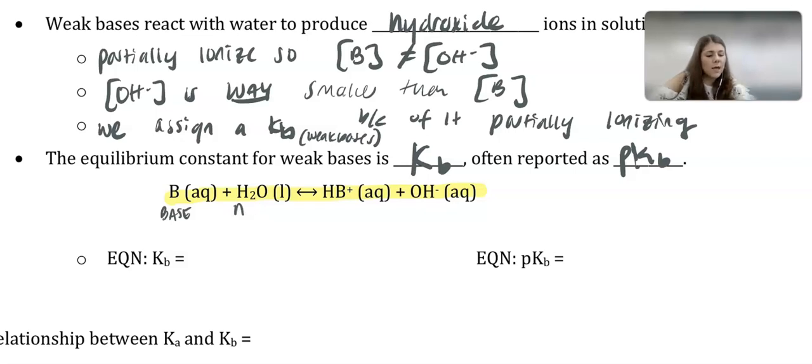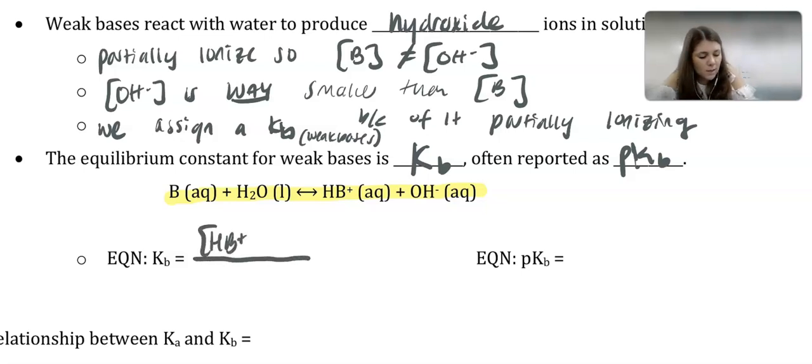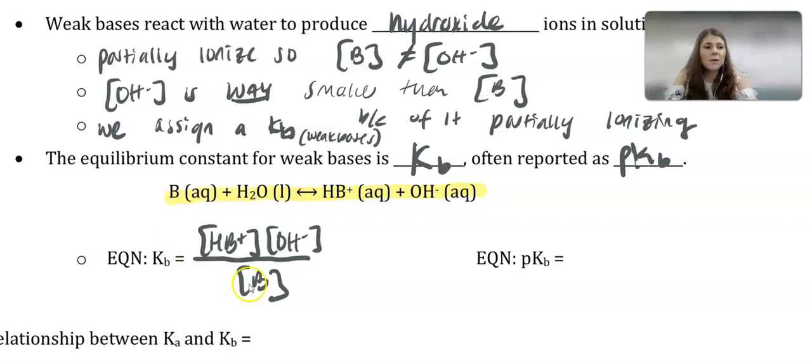So everything will be written with water as a reactant, strong acid, weak base, except strong bases. They will not include the water. Our Kb expression, looking at that reaction above, is HB positive multiplied by hydroxide all over base, and to solve for a pKb, it is negative log of Kb.